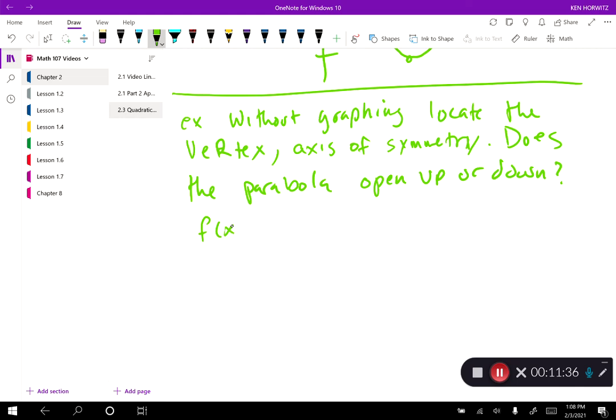It's f of x equals 2x squared minus 3x plus 2. All right, so why don't you pause the video and find that vertex? All right, and we'll come back and we'll check our answer on the back end. Give it a shot on your own.